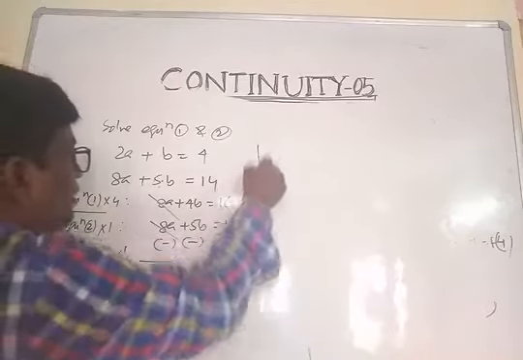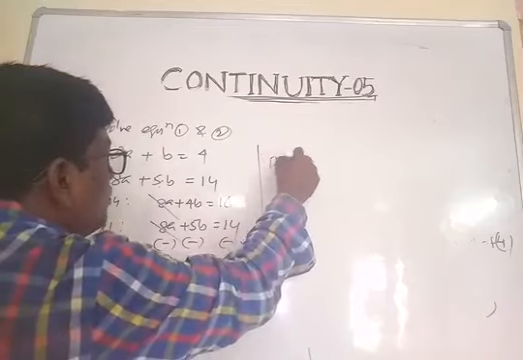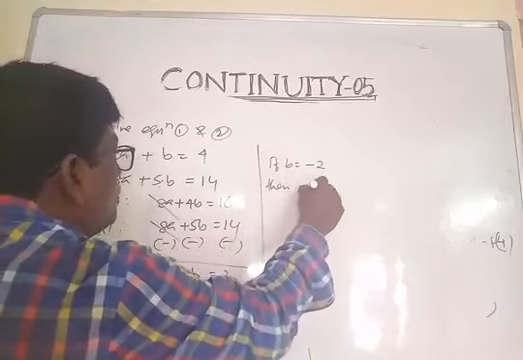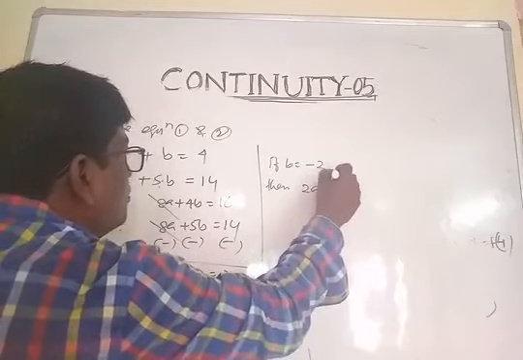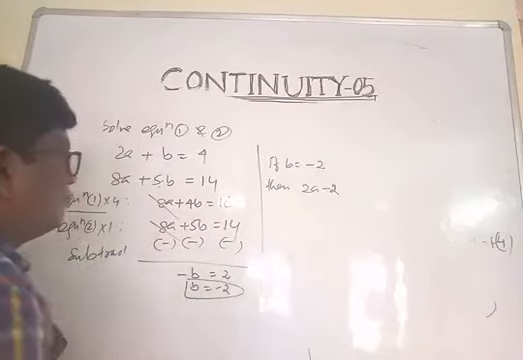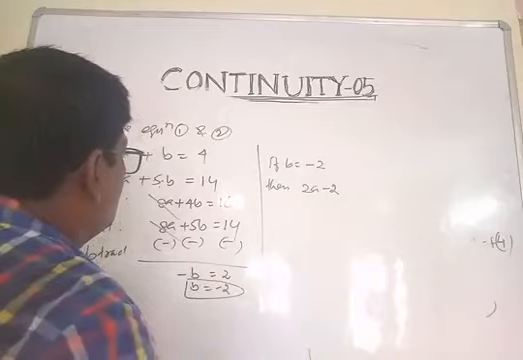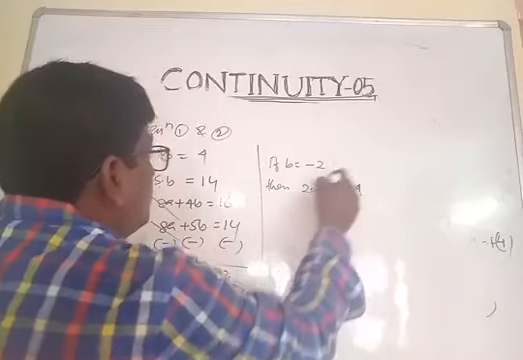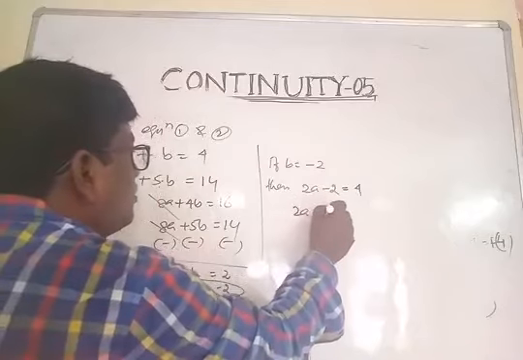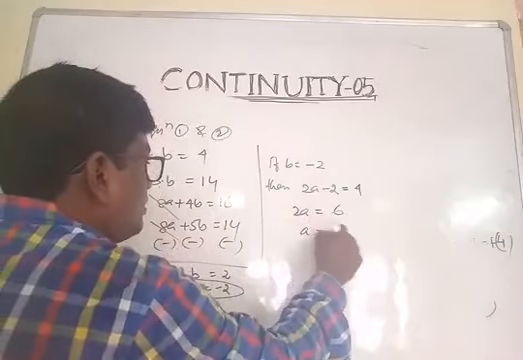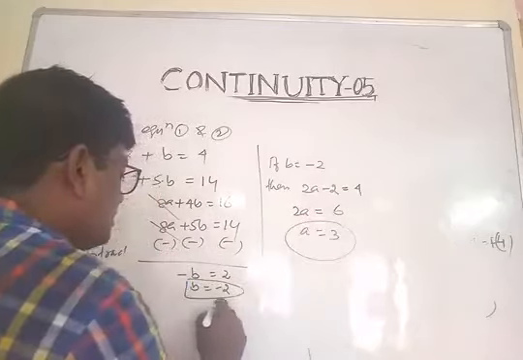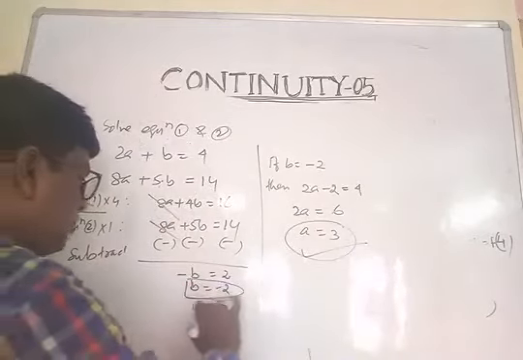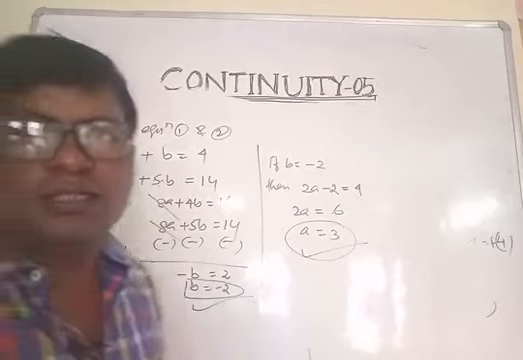Again, if b equals minus 2, then 2a plus 2 into minus 2 is equal to 4, so 2a is equal to 6, a is equal to 3. These are the answers: the value of a is equal to 3 and the value of b is equal to minus 2.